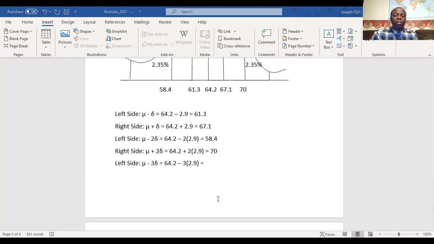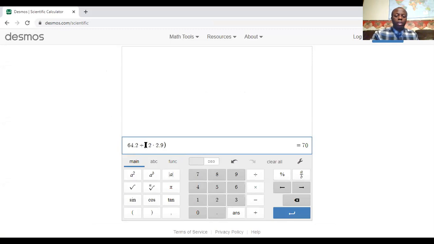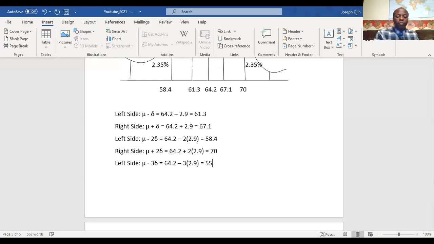We have 64.2 minus 0.2, minus, instead of 2, we're going to use 3 this time. You have 55.5. So I'm taking it back. We have 55.5, the left side.